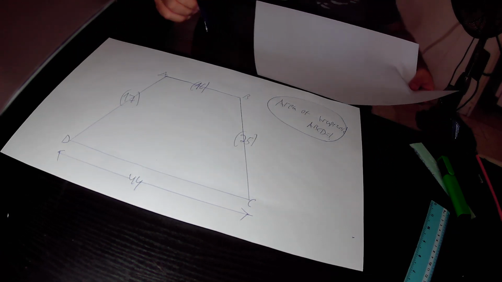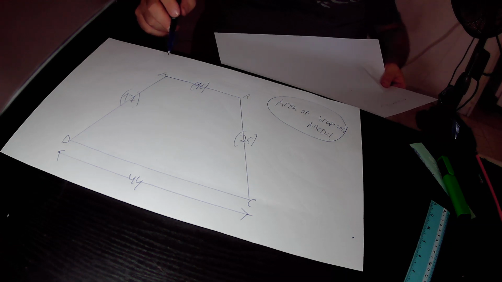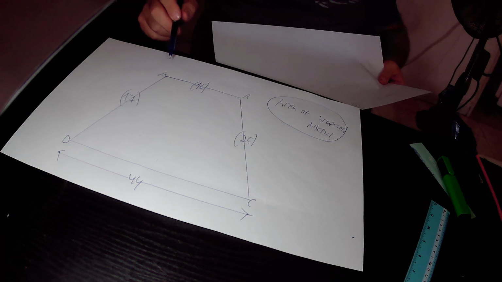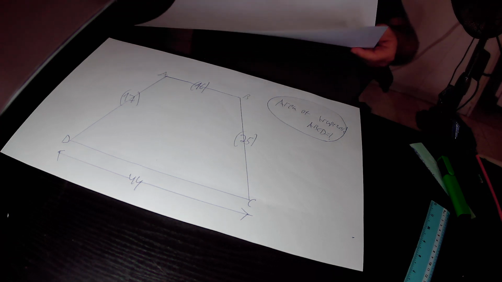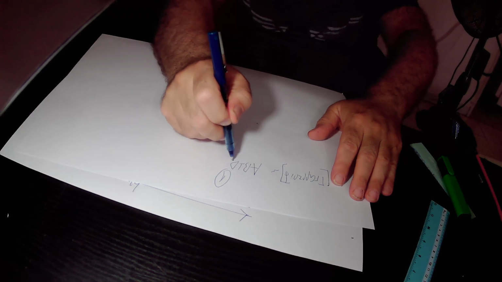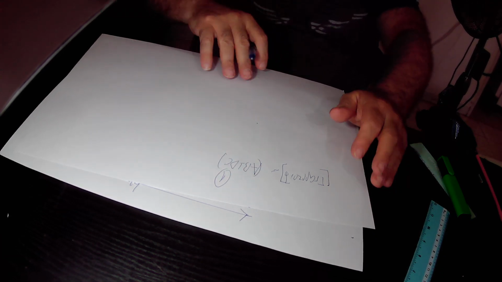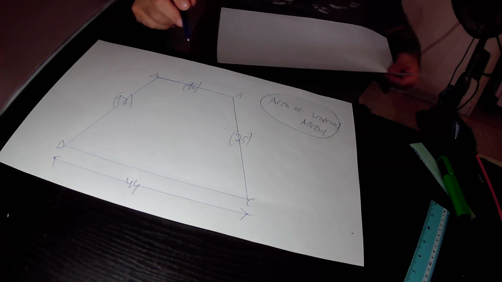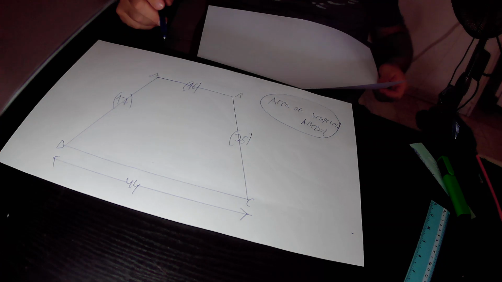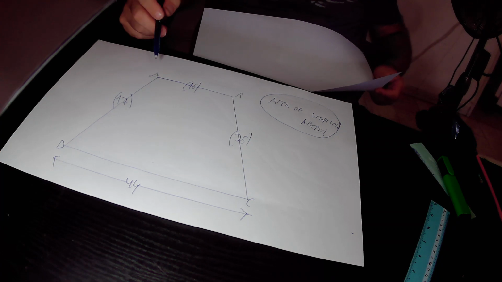In our specific trapezoid, the two parallel bases are AB and DC. And the sum of the two parallel bases is AB plus DC, of course, times the height. We define the height as h, abbreviation for height. And the height, h, must create 90 degrees with the two parallel bases.